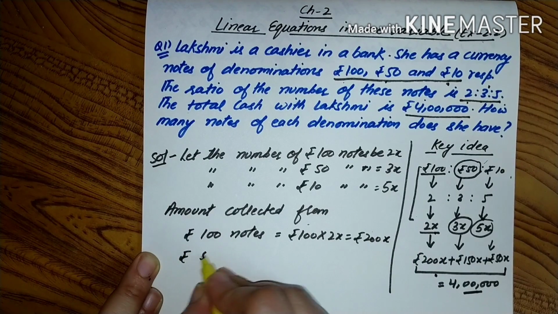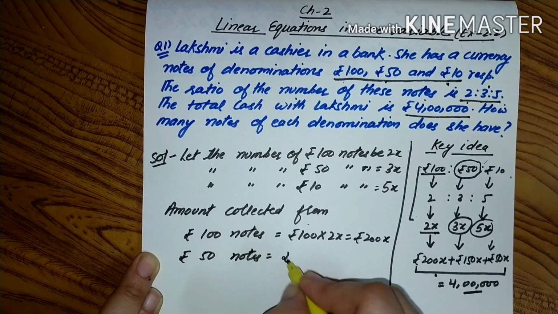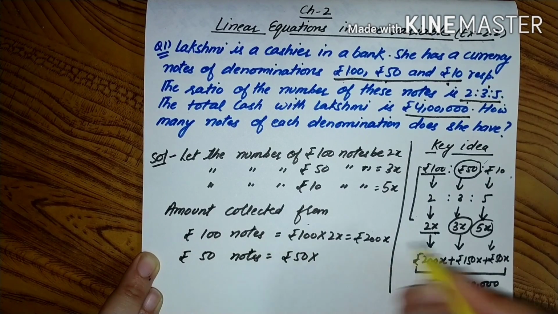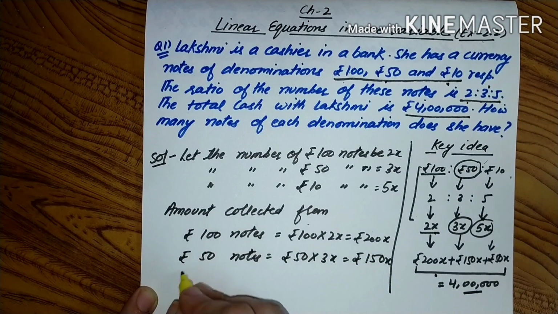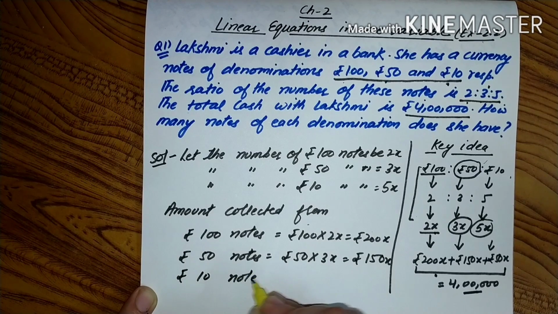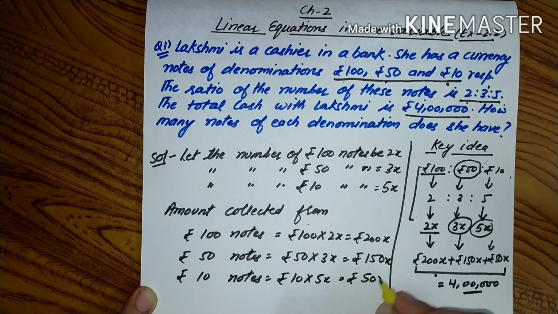From rupee 50 notes it would be rupee 50 into 3x, that is rupees 150x. From rupee 10 notes it would be rupee 10 into 5x, that is rupee 50x.